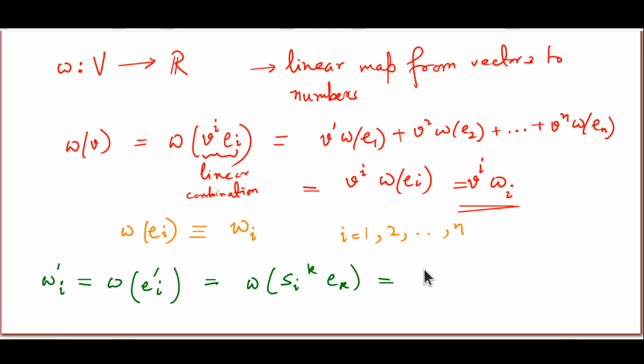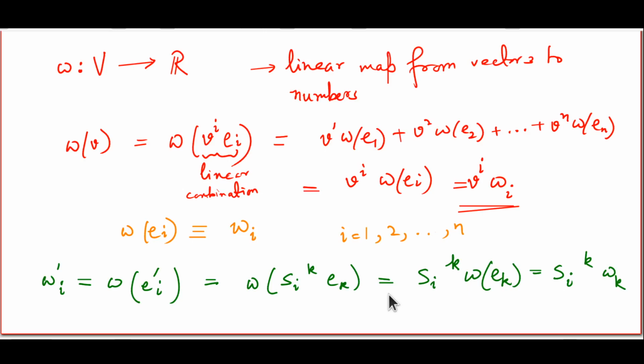And this simply tells you that the new omega prime i has to be S_i^k. S_i^k are just numbers, so they can come out of this linear map, times omega acting on e_k. And omega acting on e_k after all is omega_k. So you end up with S_i^k omega_k, which is nothing but the transformation rule for covector components.